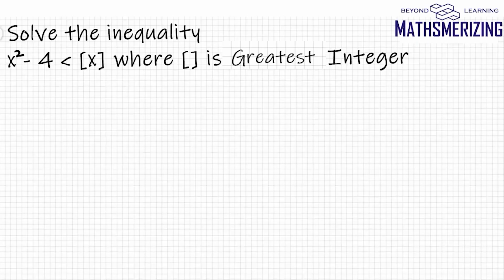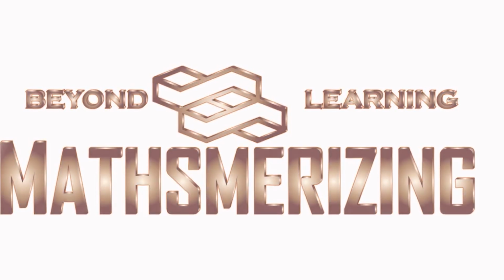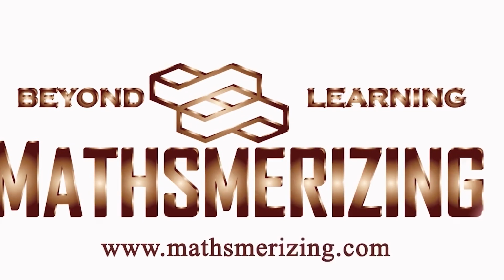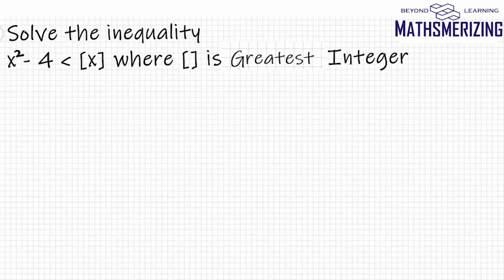So the question is, solve the inequality x square minus 4 is less than the greatest integer function of x. Now what I'll do is, I'll draw the graph of y equals x square minus 4, and I'll draw the graph of y equals greatest integer function of x.